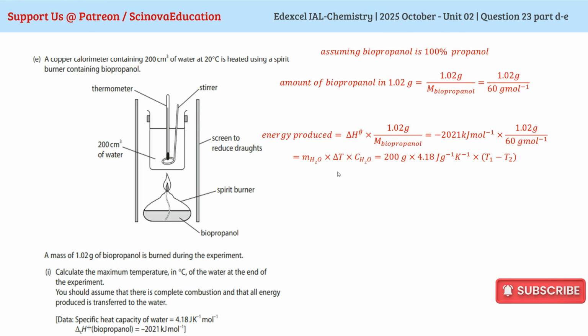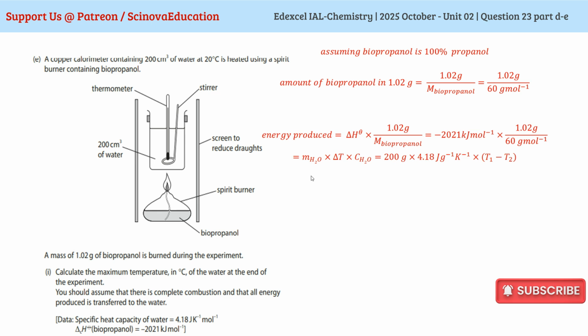So in that case, I'm getting mcΔθ for water equals the energy produced during combustion of biopropanol in this experiment. By burning 1.02 grams of biopropanol, whatever the amount of energy is produced is completely used to increase the temperature of water. That is our assumption.